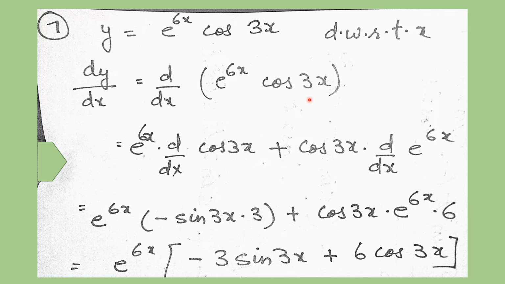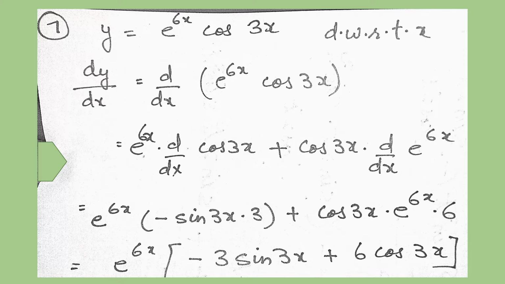You will be applying UV formula. Derivative of UV formula, it will be u first function as it is, e power 6x as it is multiplied by d by dx cos of 3x plus cos of 3x, which is the second function as it is multiplied by the derivative of the first function, which is e power 6x.